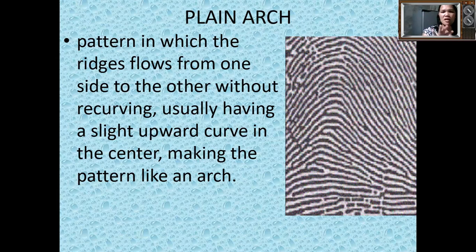But in this plain arc, you cannot see any recurving ridges. It's only a slight upward curve. The curve is just slight, as you can see on the picture. So this image would refer to an arc. It looks like an arc. This is what we call a plain arc. Did you get it?